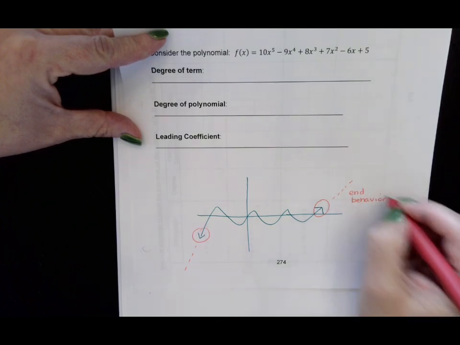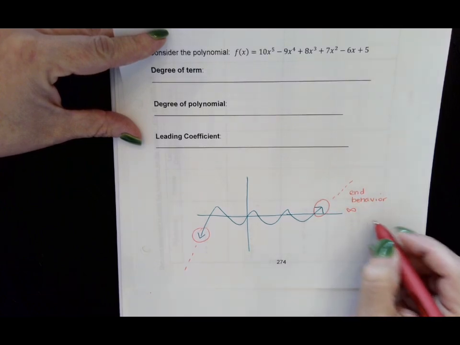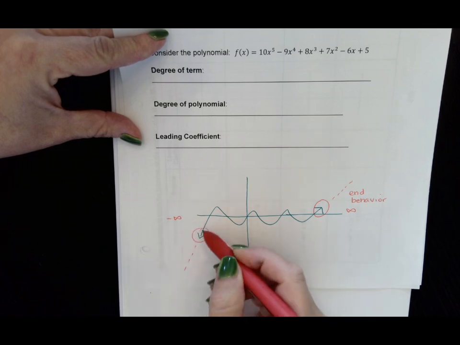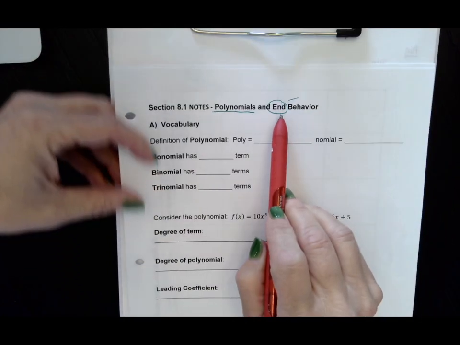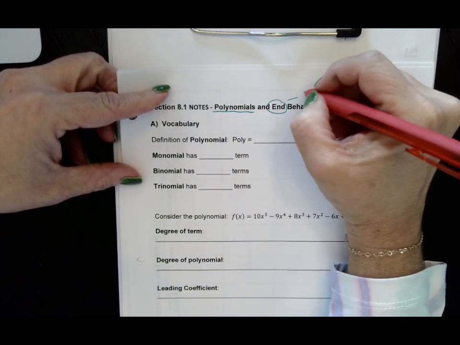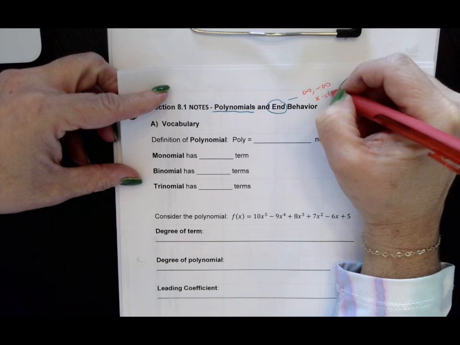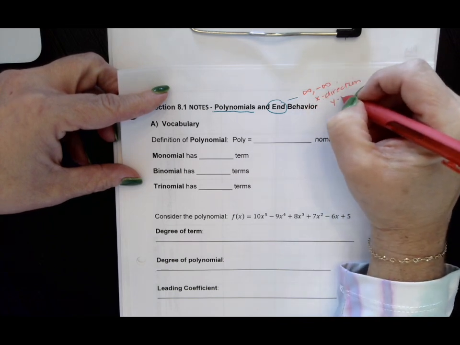So when I talk about end behavior, it's like what happens if we go out to infinity in the x-axis or negative infinity on the x-axis. So what happens if I just keep going on and on and on in both directions? Okay, so when I talk about end behavior, think about what's happening at infinity or negative infinity in the x direction. Okay, we're also going to talk about what happens in the y direction.